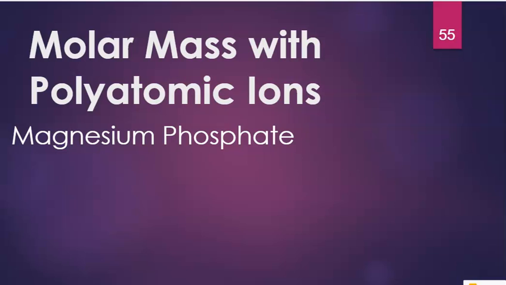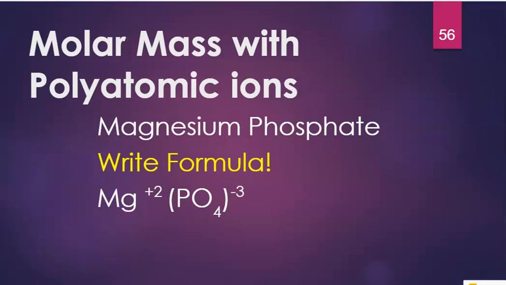So now we're going to review some molar mass with polyatomic ions. And let's think about magnesium phosphate. The first thing we have to do is write our formula. Magnesium phosphate, this is an ionic compound, so I need to do my 4-step formula. Step 1 is symbols, so Mg, and that has a +2 charge, and then phosphate is PO4 with a -3 charge.